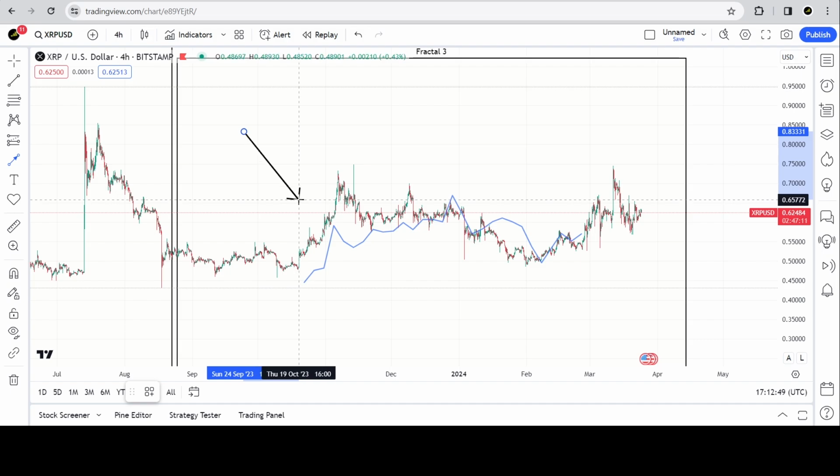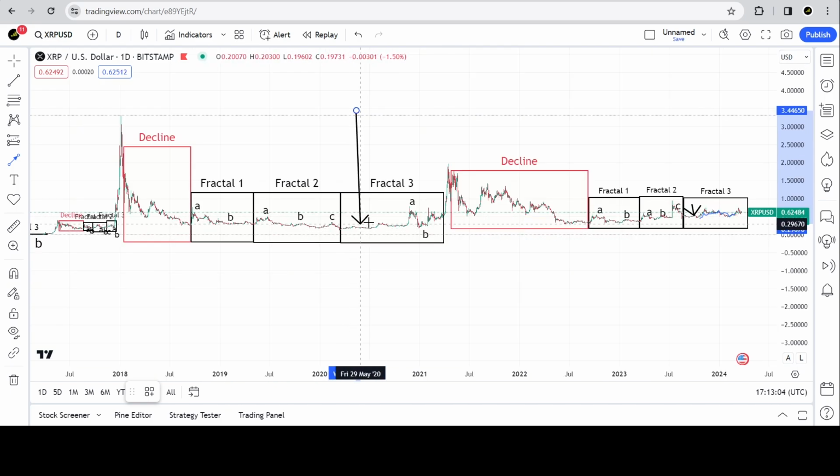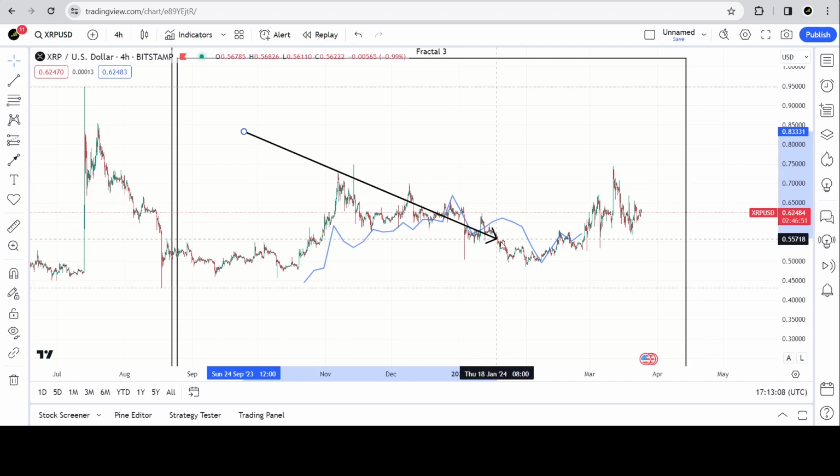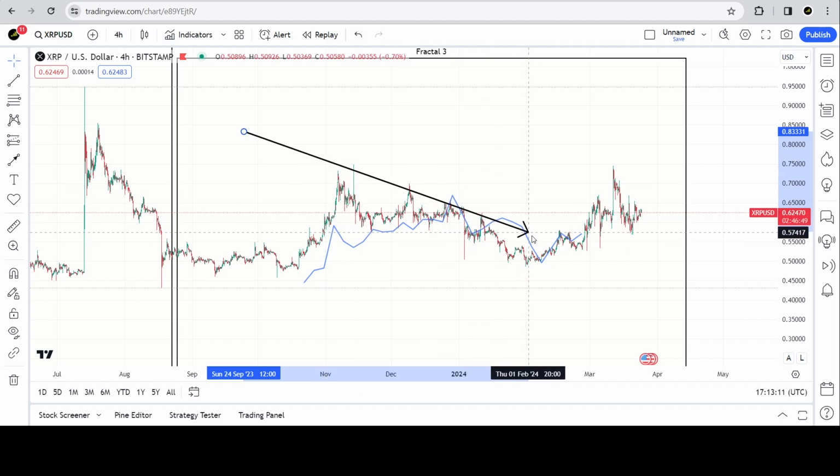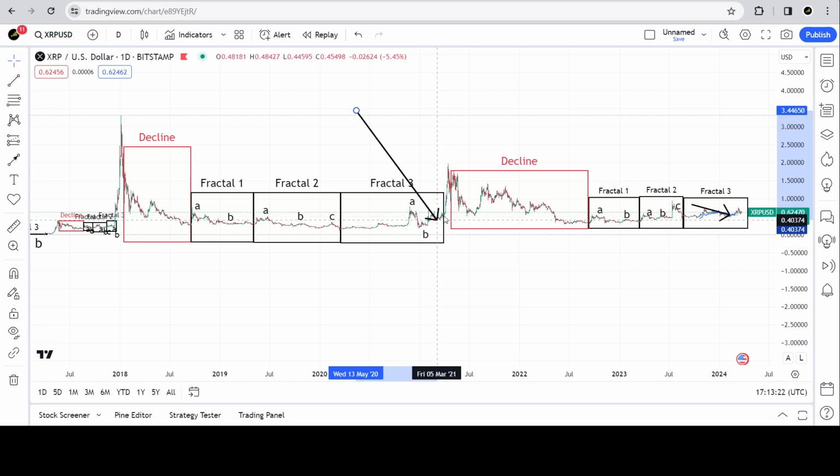And while there are some similarities, this one that is taking place today is maybe a mix of the two, where it has this first part, which is this right here. Then it has this part from the 2017 one. And now we are jumping back to this part of the structure right here, the move up, the correction before going into the bull run.